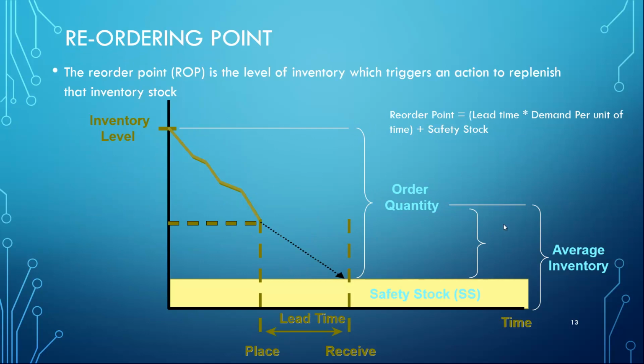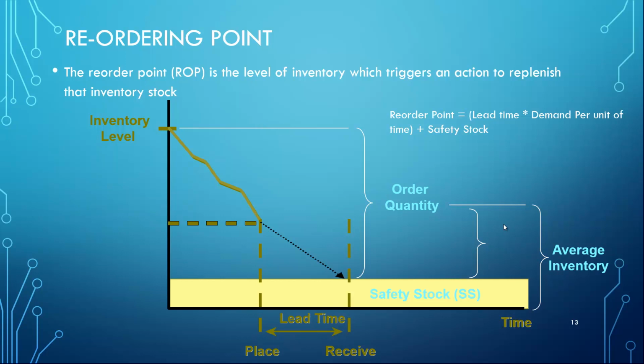To replenish, we need to know at what point to order. The reordering point is the level of inventory which triggers an action to replenish that inventory stock. That level of stock is called safety stock. So I can keep a certain number of items in the inventory.